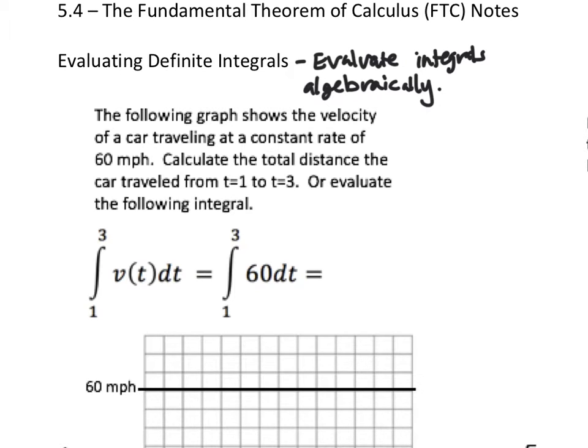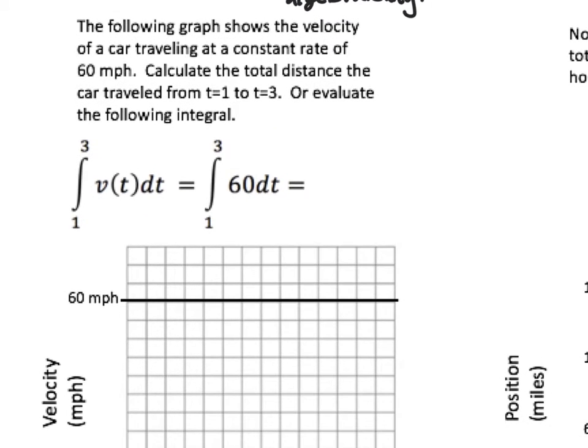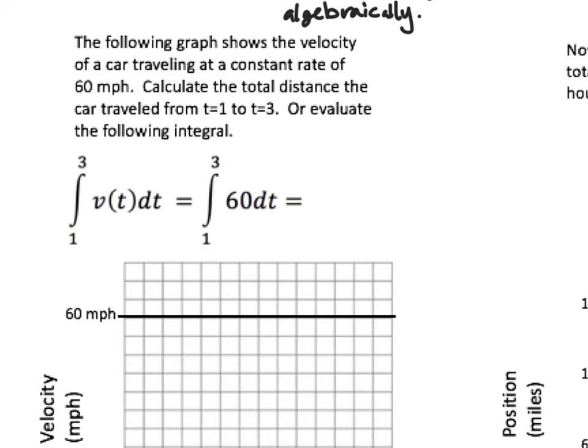So what I want to show you is this example, okay? And so we have this graph here. The following graph shows the velocity of a car traveling at a constant rate of 60 miles per hour, okay? And what we want to do is calculate the total distance the car travels from 1 hour to 3 hours, okay?